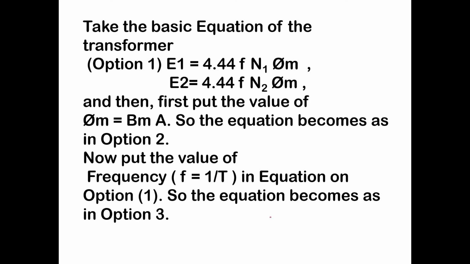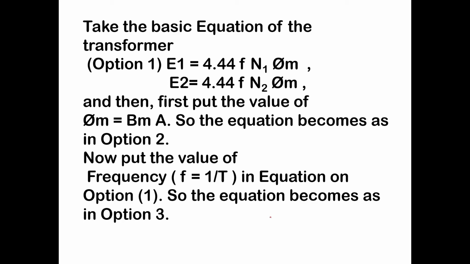If you want an explanation, we can take the basic equation of the transformer. In option 1, we have E1 is equal to 4.44 f N1 phi m, and E2 is equal to 4.44 f N2, the secondary turns, into maximum flux phi m.